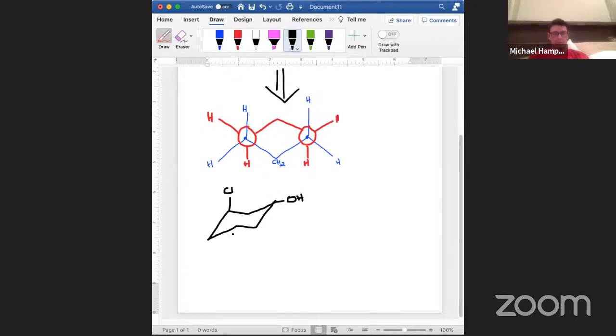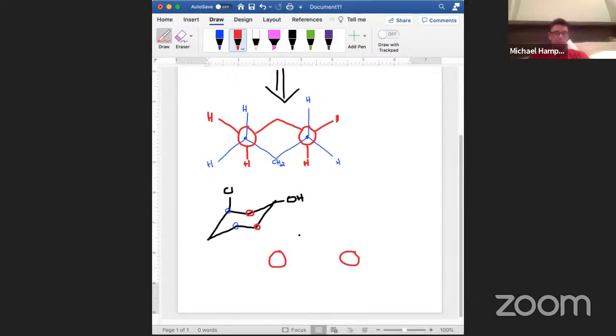Just being consistent, here in blue are your front carbons, and here in red are your back carbons. Let me draw the back carbons first. The back carbons are your typical circles.